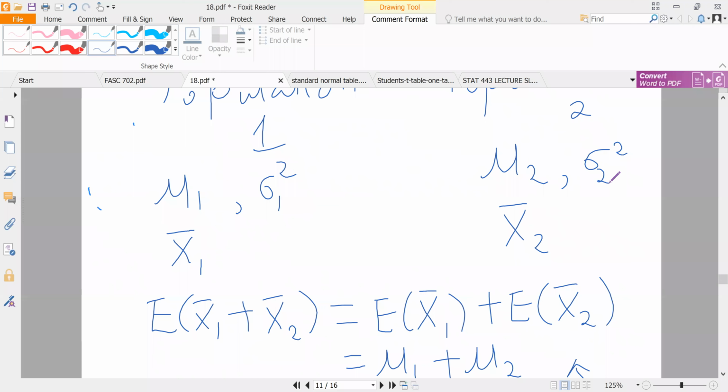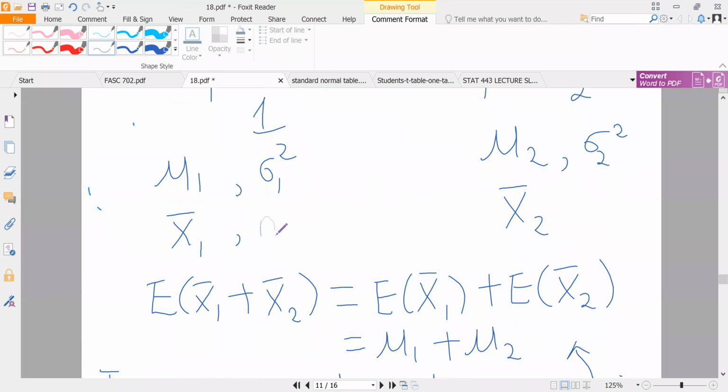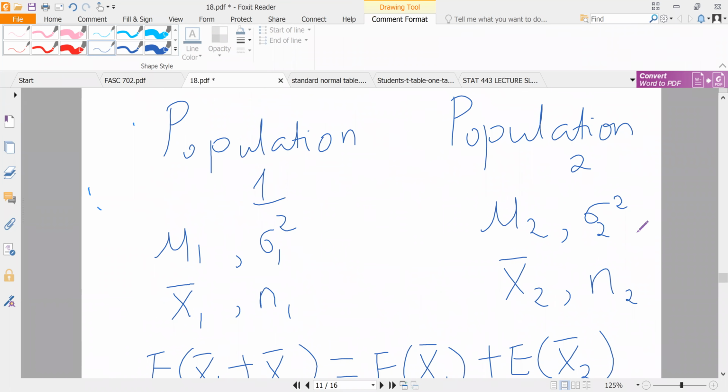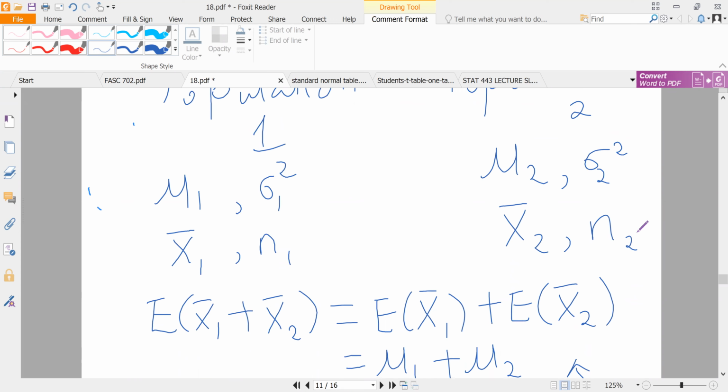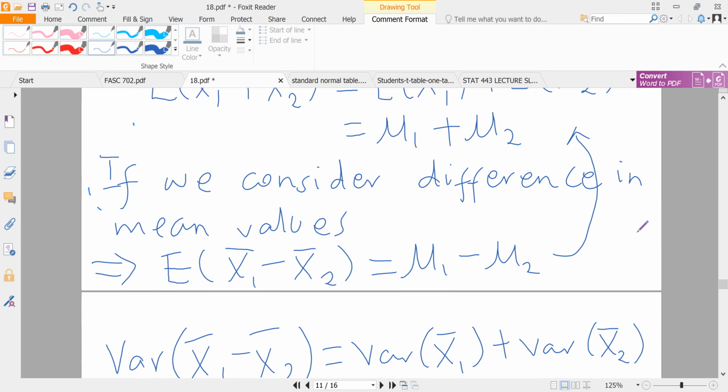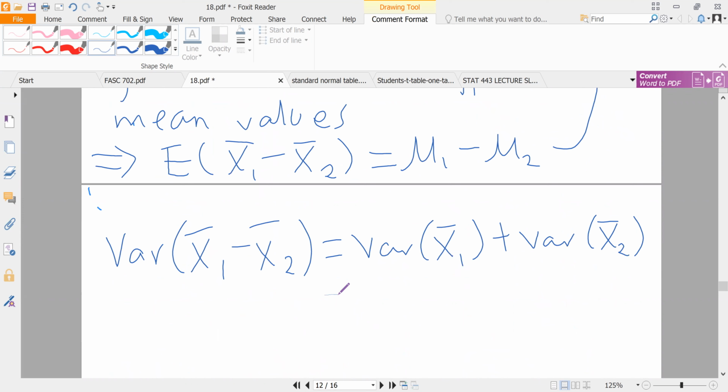Now, for a sample of size n1 from population 1 and n2 from population 2, we can say that the variance of x bar 1 is equal to sigma 1 squared over n1, and the variance of x bar 2 is sigma 2 squared over n2.